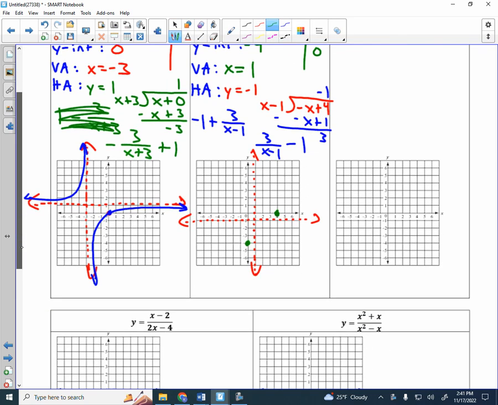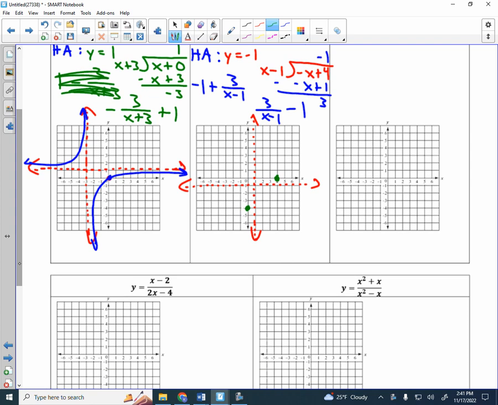Notice how your x and y intercepts give you really good indicators there. Is the first graph going to sit in the top or the bottom? The bottom, because it has to go through that point, doesn't it? The next graph, is that going to sit in the top or bottom? The top, because it has to go through that point.